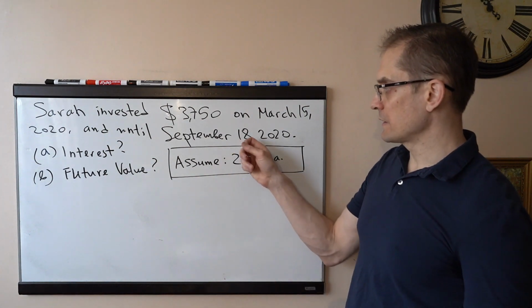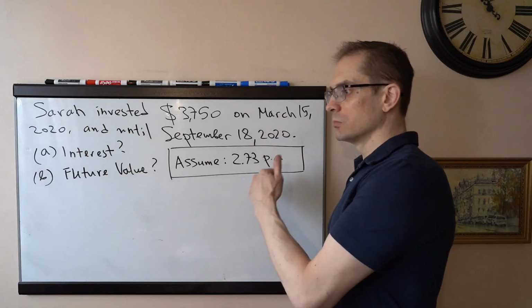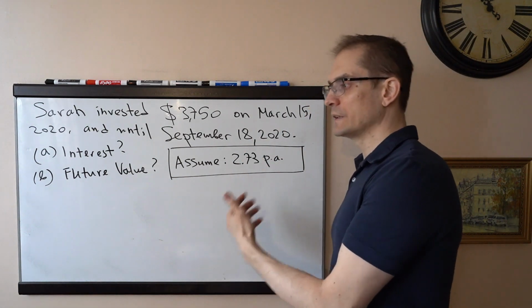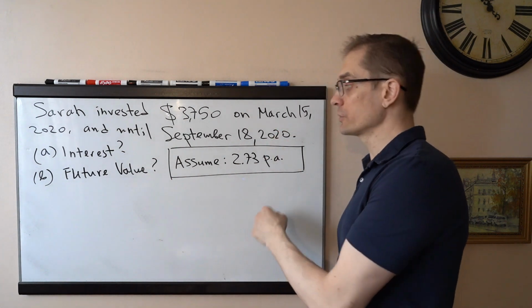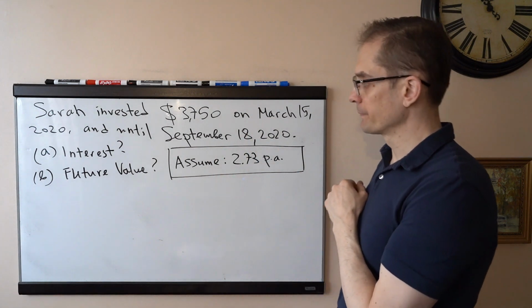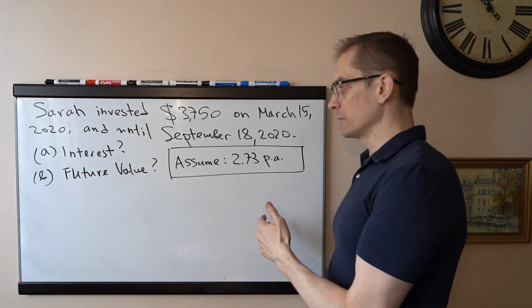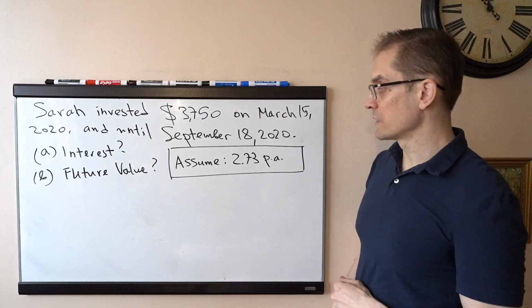And when the amount is picked up on September 18, for your solution, you need to come up with how many days passed, starting from March 16 as your first day, up to and including September 18. Well, you can use Excel for that. Excel does it in a very straightforward manner. You just plug two dates in and then subtract one date from another date, and Excel will give you the number of days.